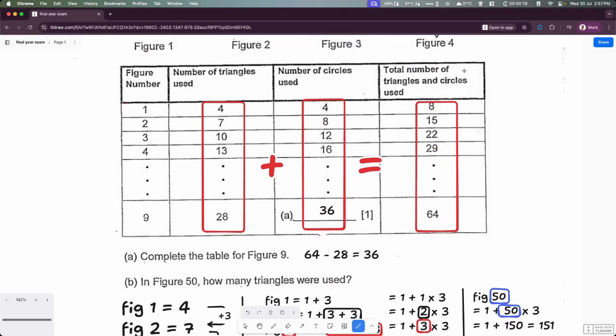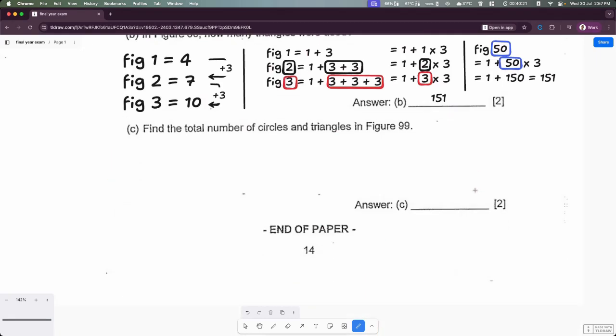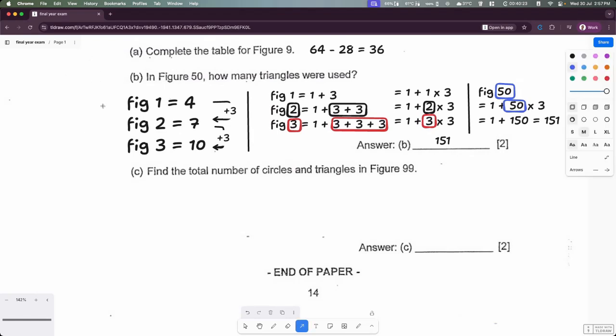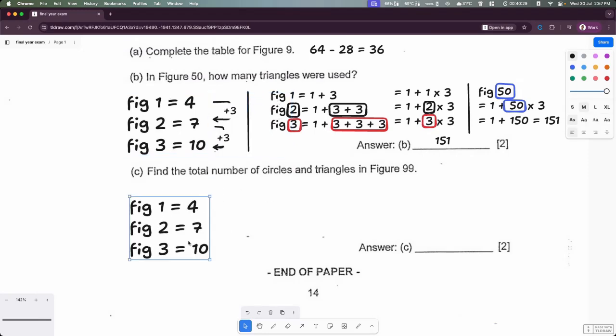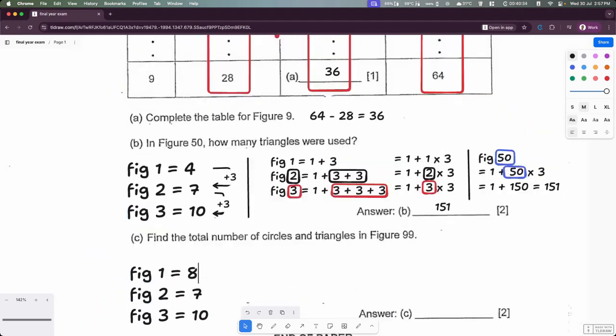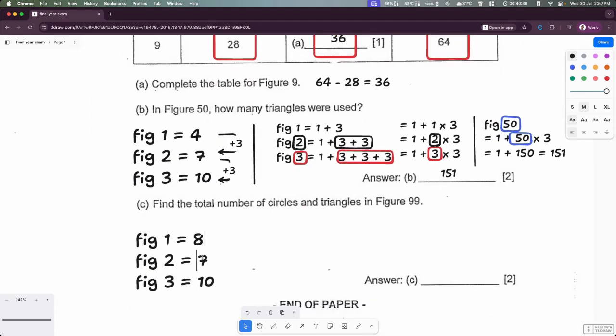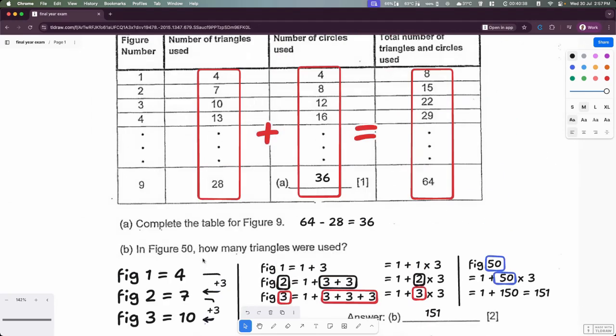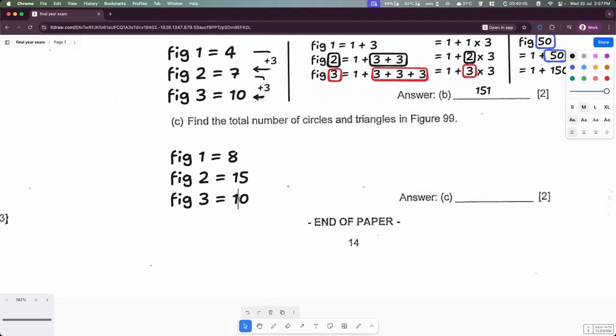So figure 1, total number of circles and triangles is 8. Total number is 15 for figure 2. Then the next one, 3, is 22.